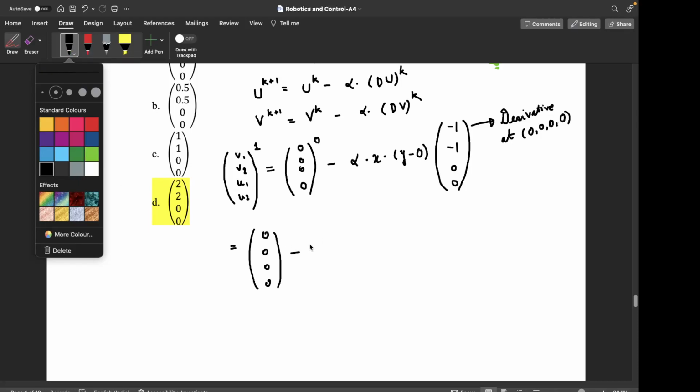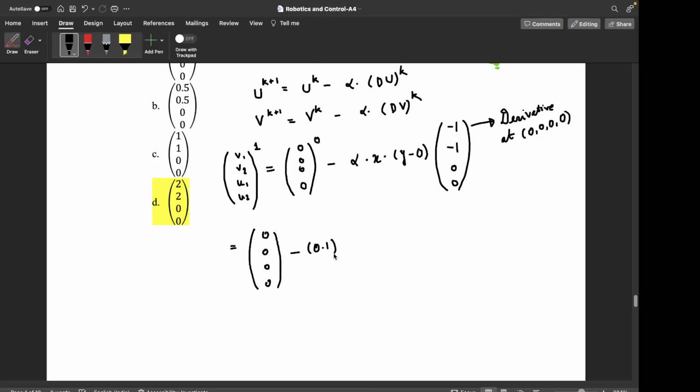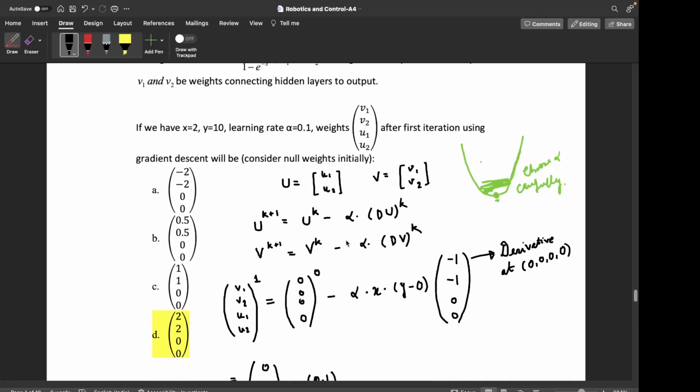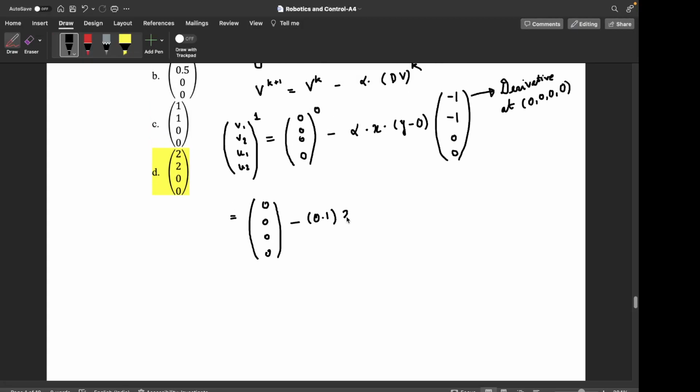So here the alpha value is given, it's 0.1, x is given to the input, y is 10, right? So if you simplify this, you would get this.